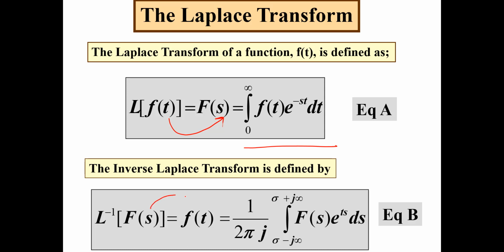From the domain s, the inverse to domain t is 1 per 2 pi j, integral from gamma minus j infinity to gamma plus j infinity of F(s) e to the power of st ds. So this is the equation to invert from the domain s to domain t.